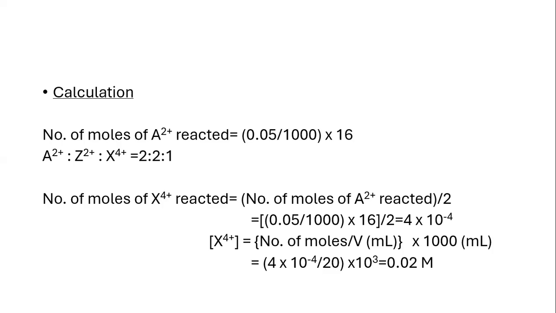The relationship between A2 plus, X2 plus, and X4 plus is 2:2:1. So if you know the number of moles of A2 plus, half of that is X4 plus.